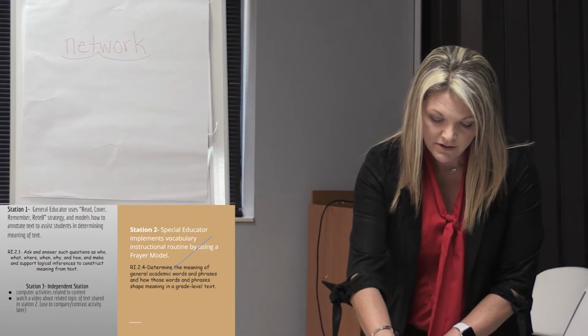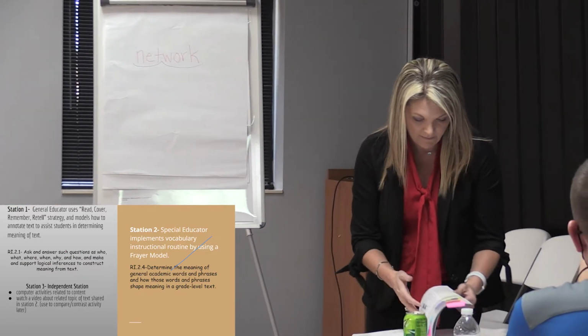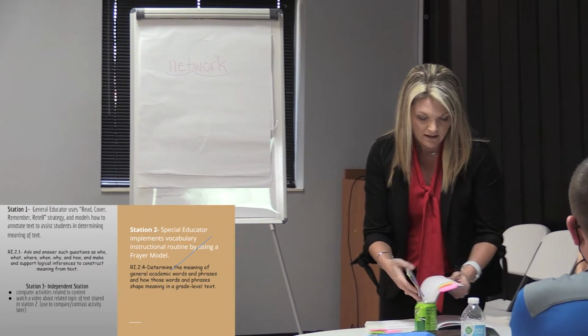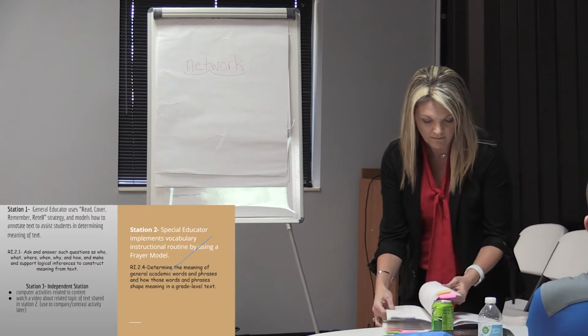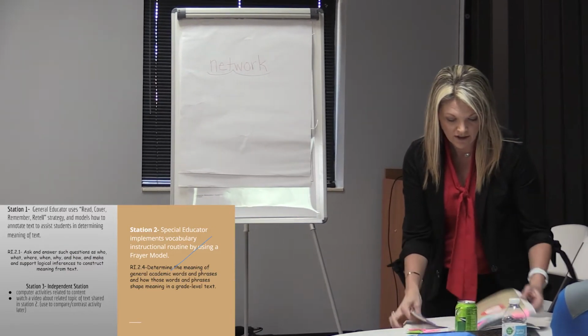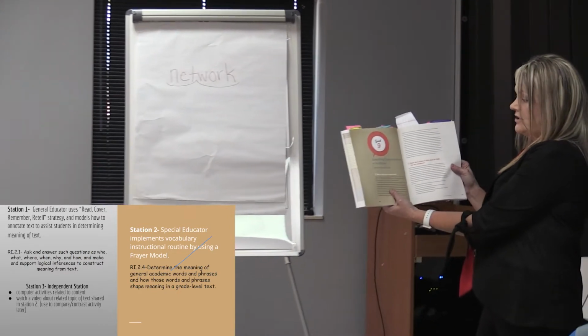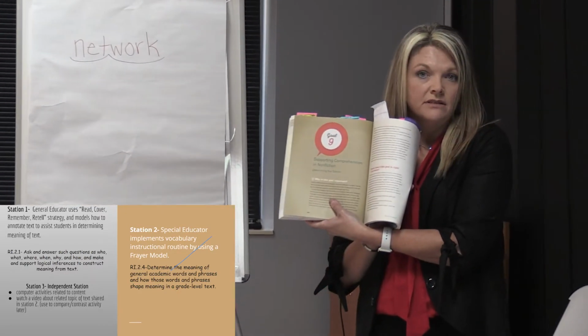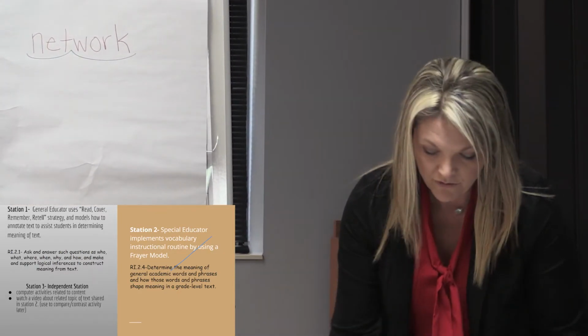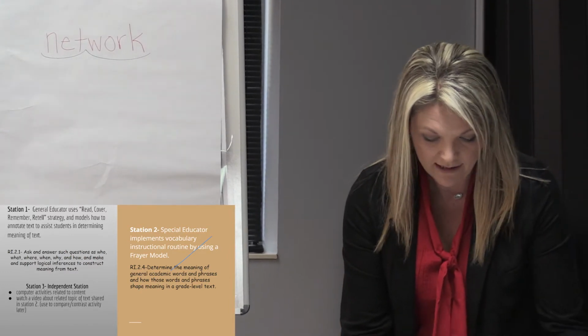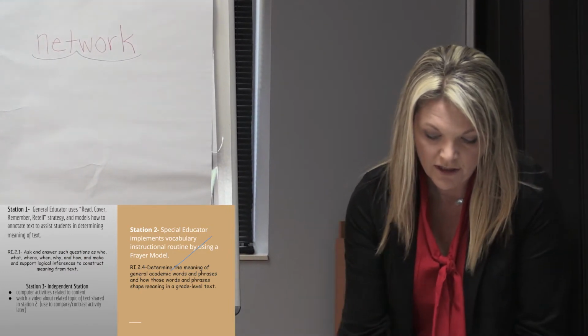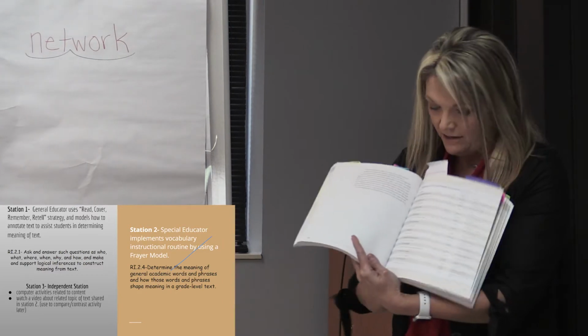So on ours, what we're going to be looking at is a nonfiction text, and we're supporting comprehension in nonfiction, and we're determining key details for that. And what's really cool, and every chapter is the same, but I want to show you this page right here.